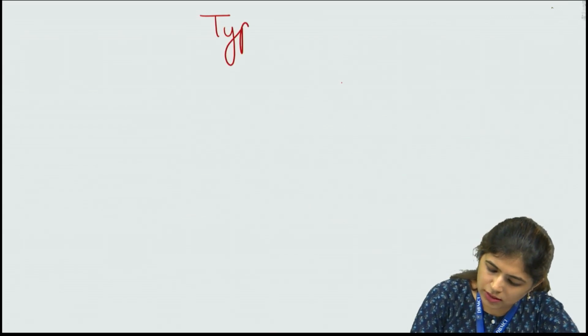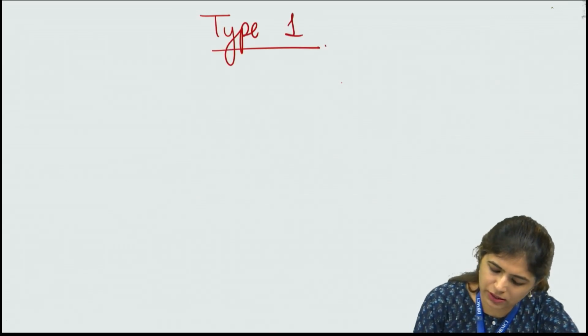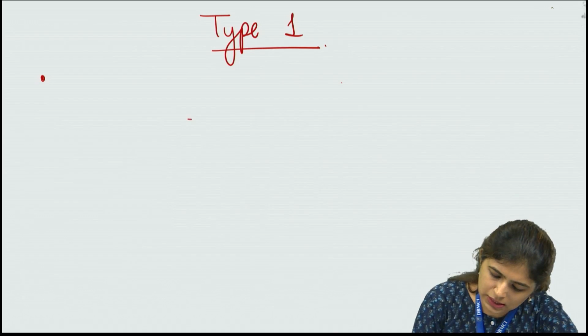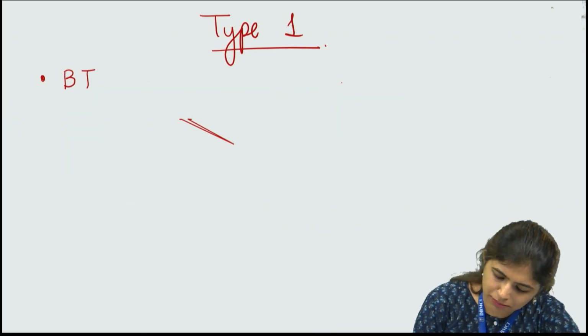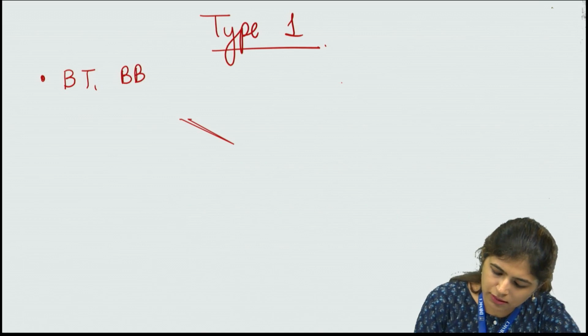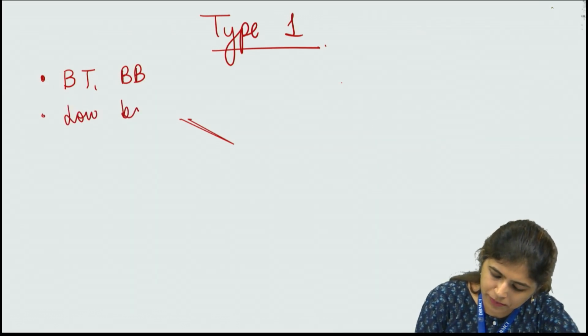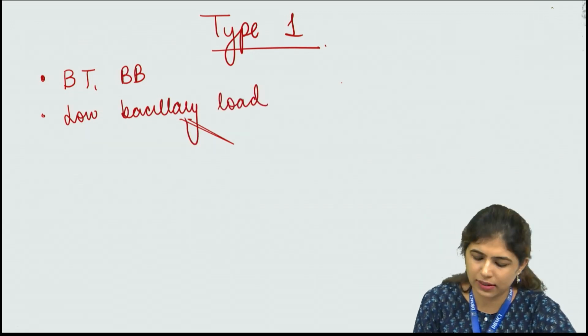Coming to type 1 leprosy reaction. This is generally seen in the tuberculoid pole, meaning BT or BB, which have low bacillary load, right?